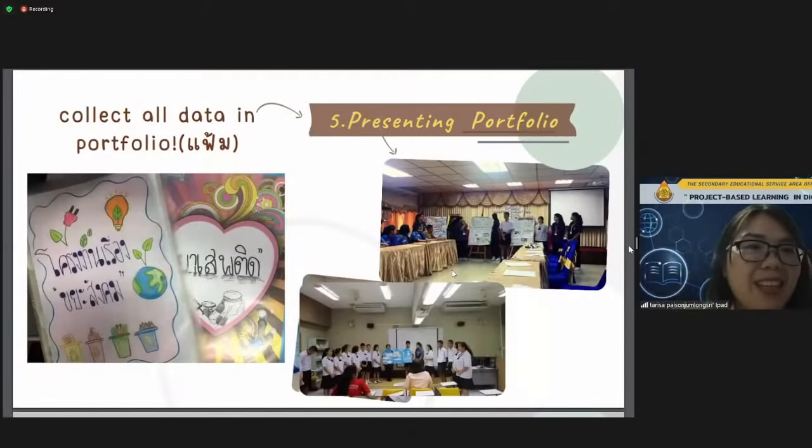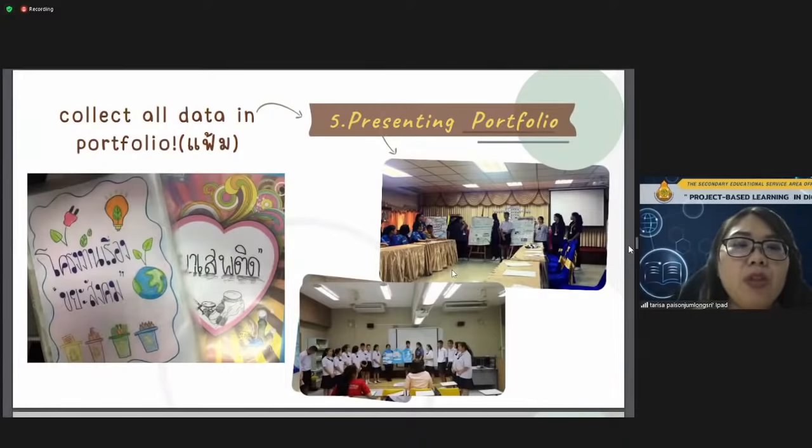Step 5 is presenting the portfolio. It is very important that every single piece of data they have researched is kept in this portfolio. Every group has to have one portfolio.